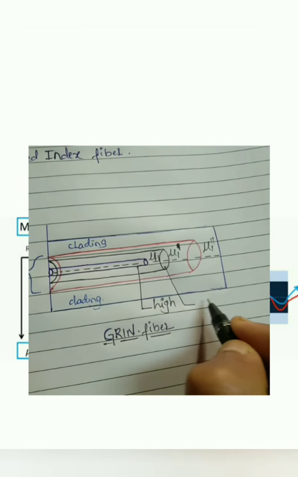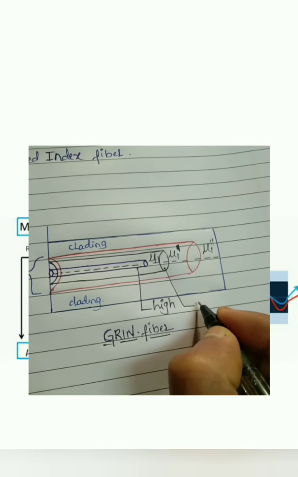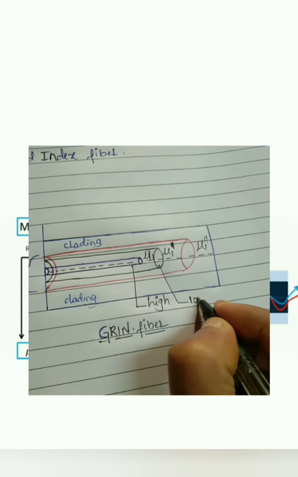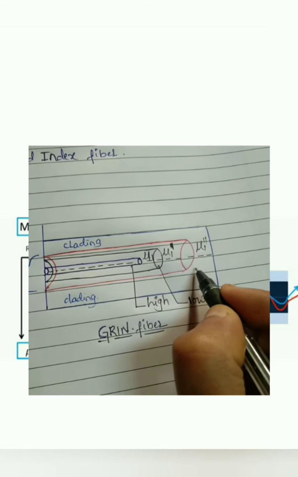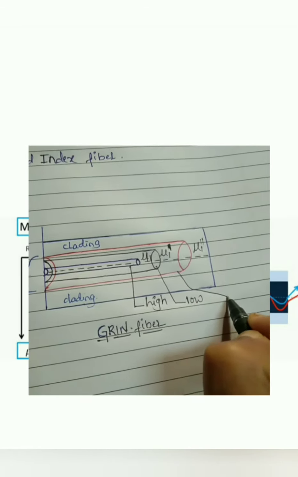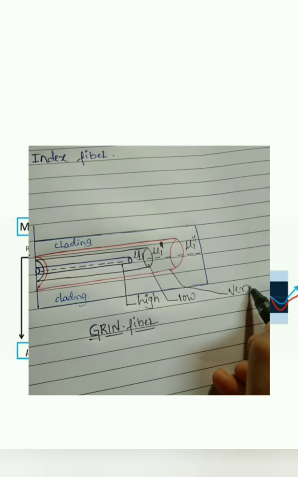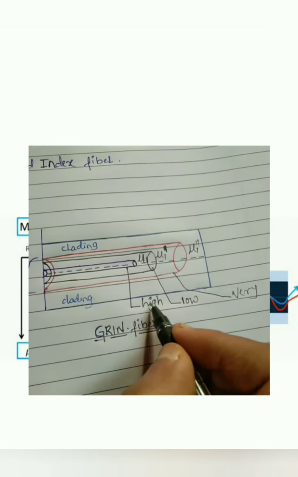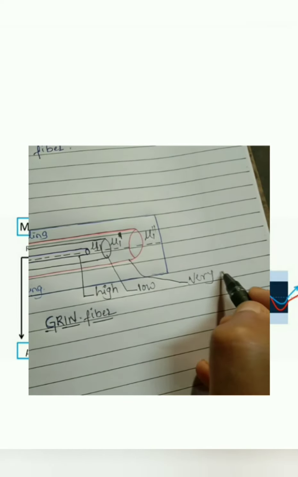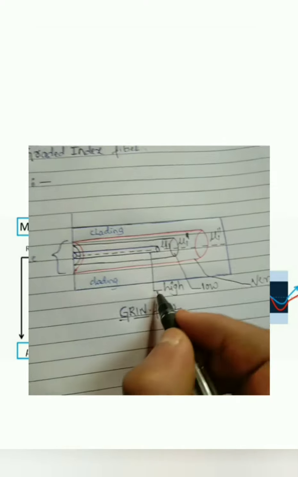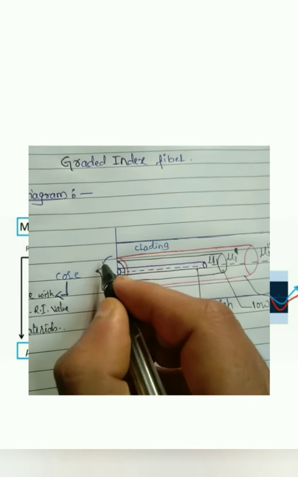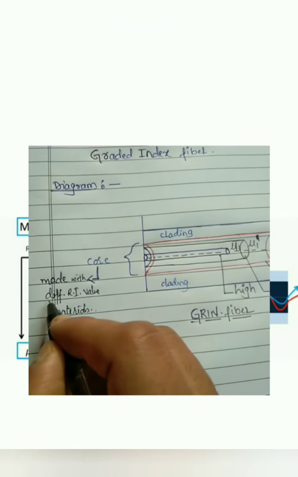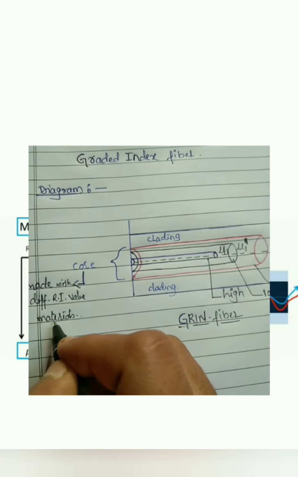Mu1 dash is quite low, and mu1 double dash is a very low refractive index. It means these three, high, low and very low, are inside the core. So the core is made with different refractive indices.